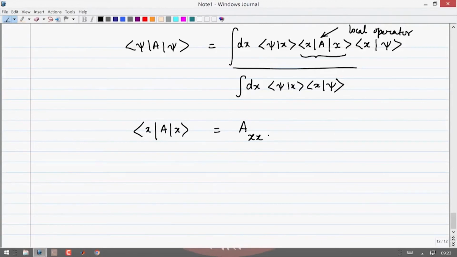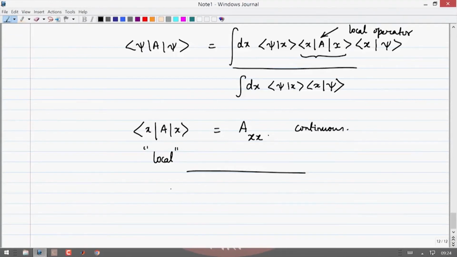Therefore, the matrix is not only infinite dimensional, but labels like 1 2 3 4 for columns and rows are a bit difficult. So, this is a continuous space. These are all generalizations. So, this is called the local property, local operators, and there are non-local operators, but we will not concern ourselves.